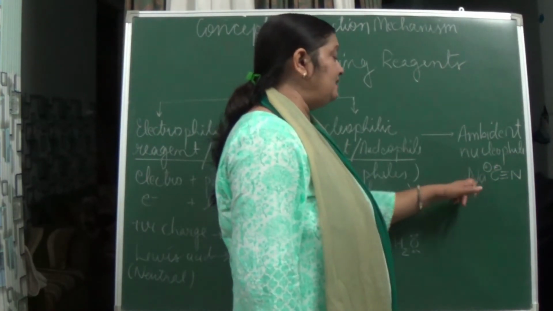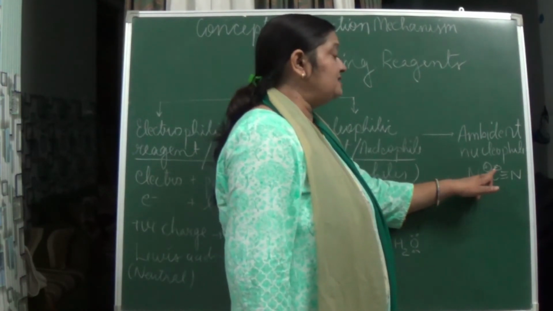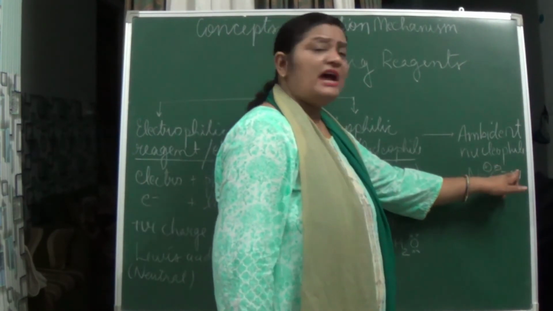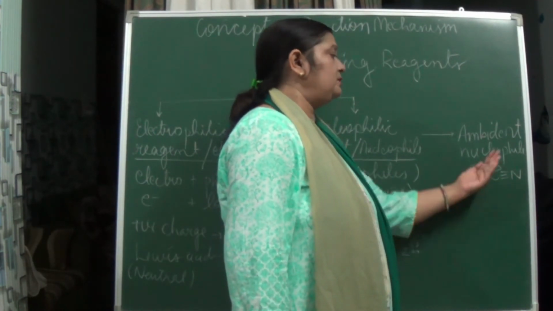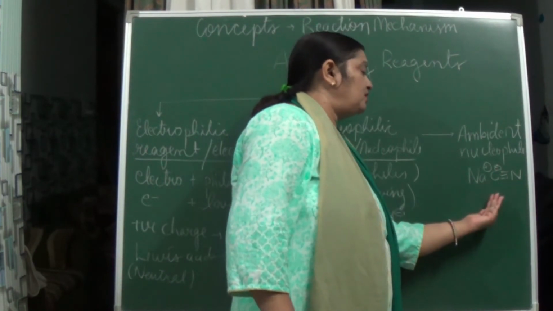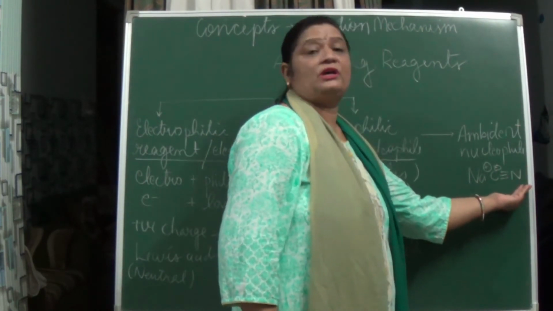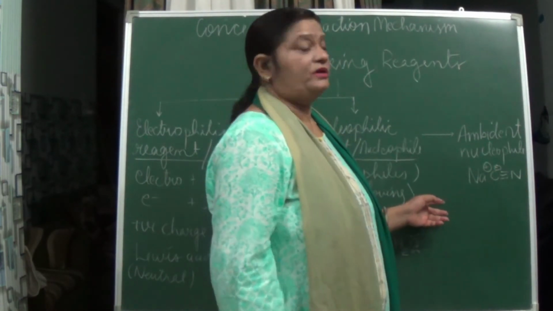Naturally, carbon gets one electron, as a result it becomes negatively charged. Nitrogen is also negatively charged. Naturally, it can react from either side, from the carbon side also, or from the nitrogen side also, to take up the positive charge.